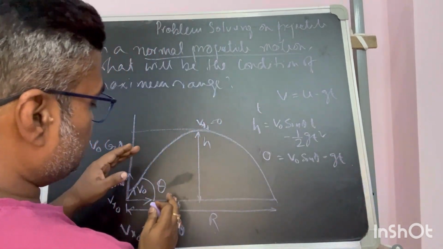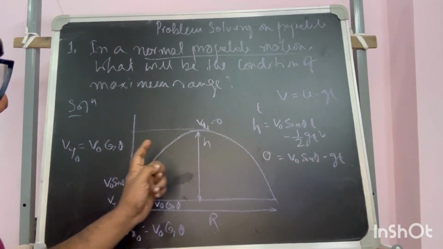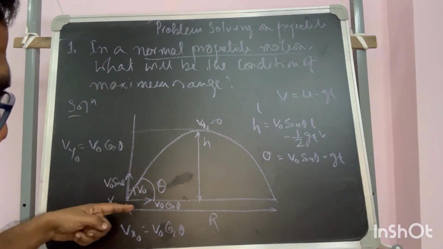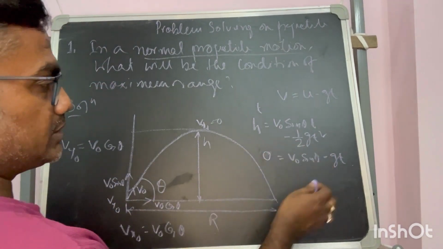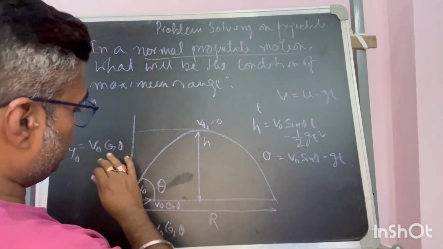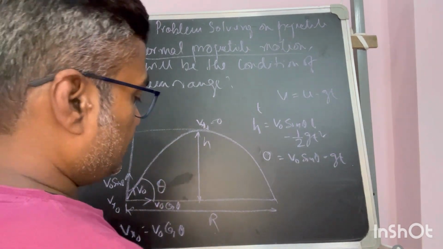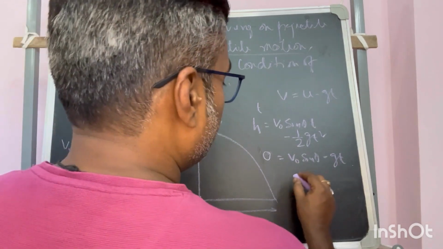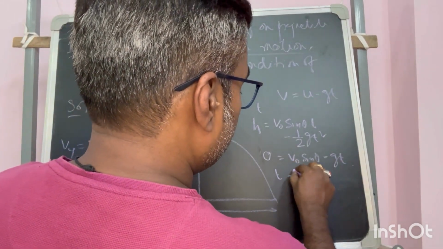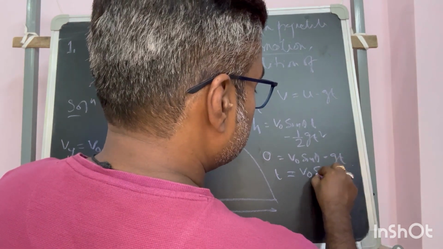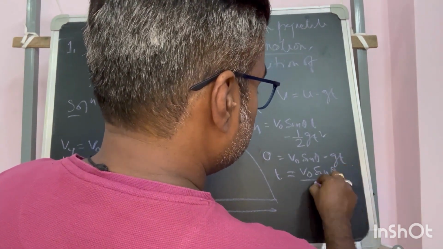Time is the only parameter that will correlate this vertical motion and the horizontal motion. I want to establish some relation between these two so that everything can be considered to calculate R. So now t is equal to v0 sin theta by g.